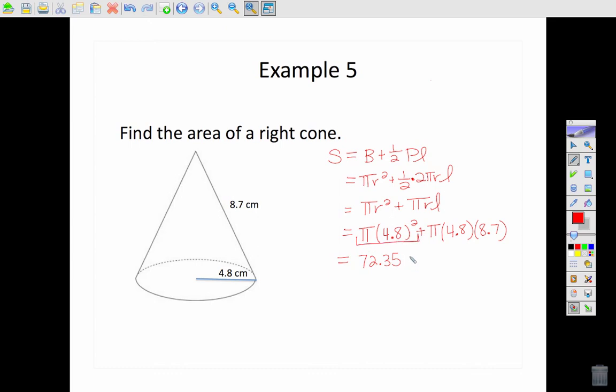I end up with approximately 72.35 for just this portion right here, so you can kind of check your math, plus 131.13. Now we may be rounding a little different than each other, so if yours is just a little bit off, that's okay. And when we add those together, I get 203.48, and I look at my units and I'm in centimeters, so I have square centimeters.